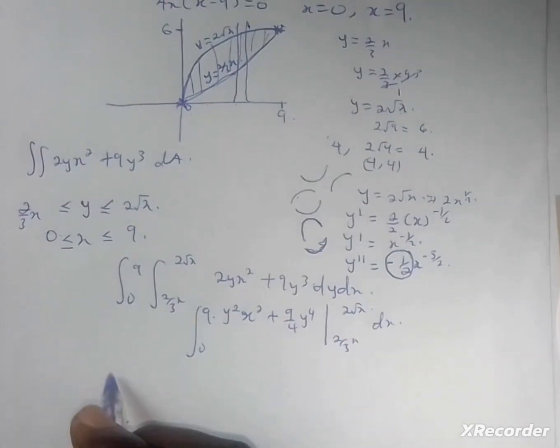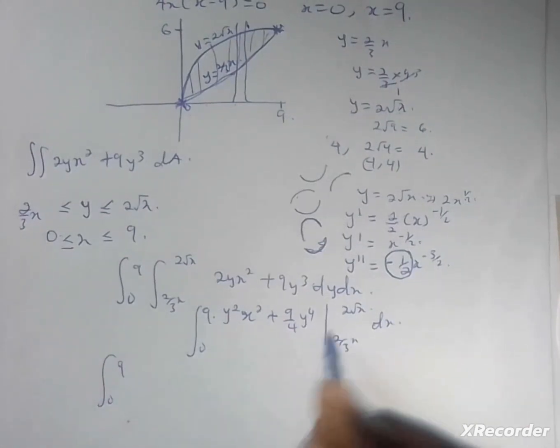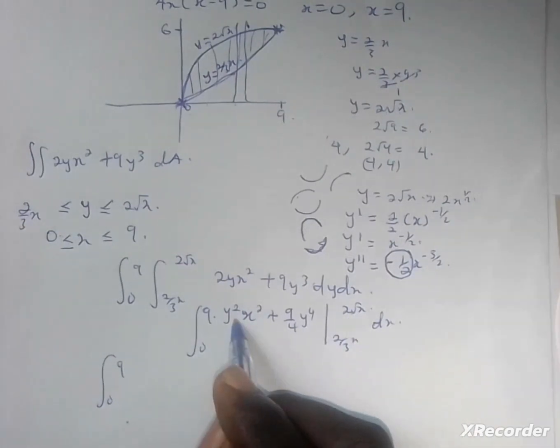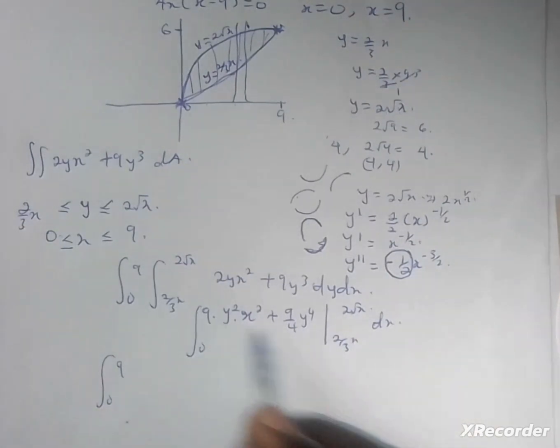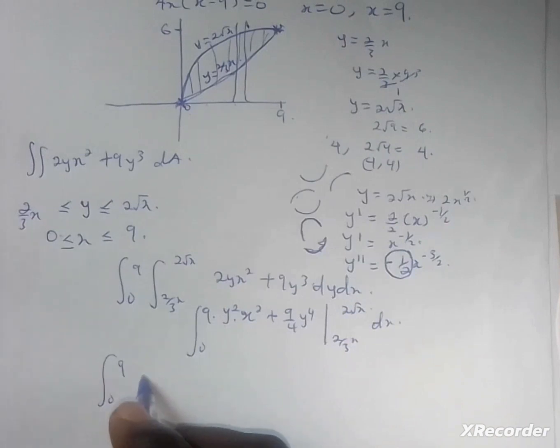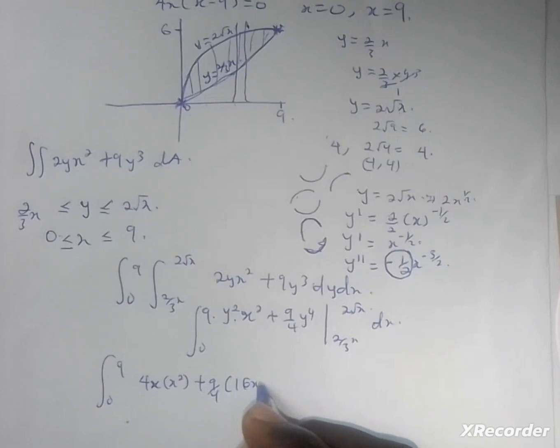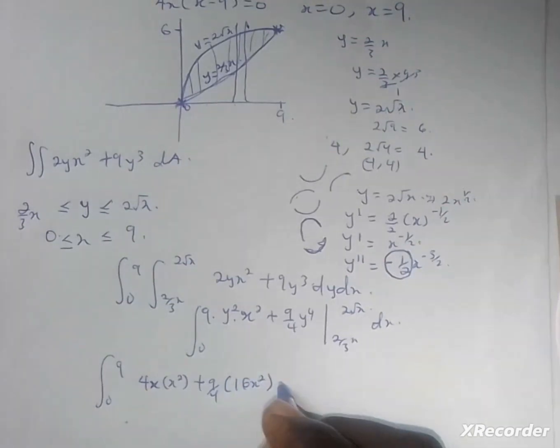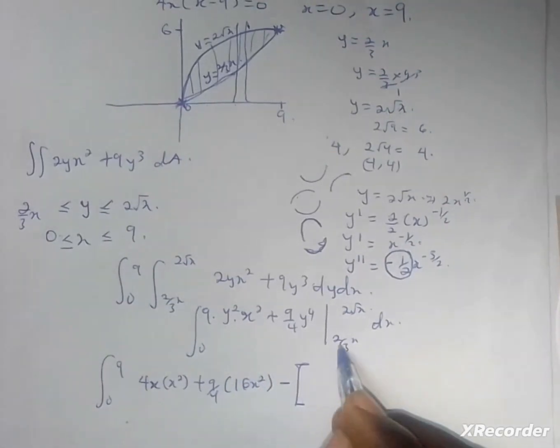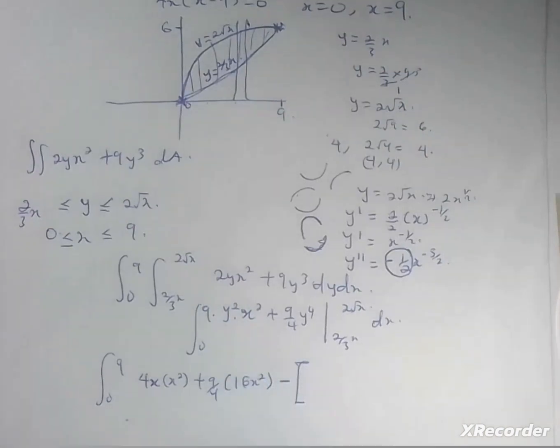So let's do it carefully. 0 to 9 here. When I put 2 root x here, wherever I see y, this whole square will give me what? 4x, right? Multiplying 2/3, plus 9 over 4. When I put 2 root x here, 2 with x to the power 4 is going to give us 16x squared. Multiplying 16x squared. Then minus the whole thing, I'm going to put 2 over 3 x inside.